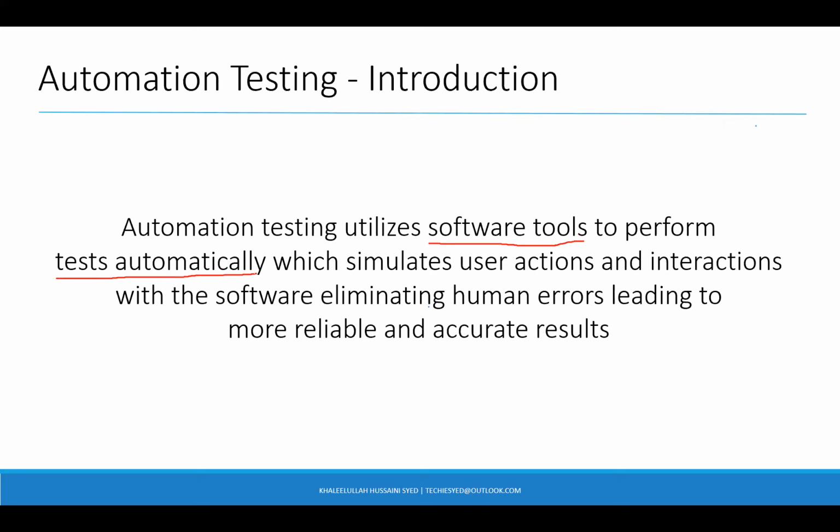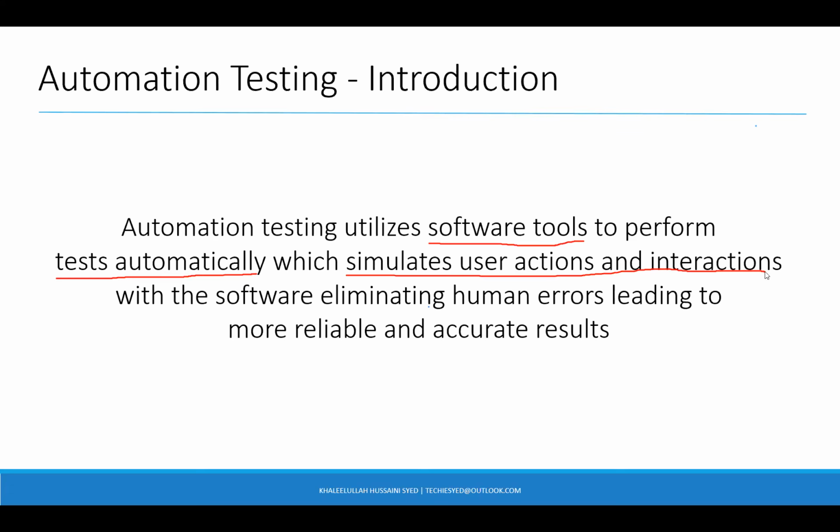I just have to click a button, say run. It's going to open up that web page, and then it is going to interact with that particular web page. Automation tests are used for simulating user actions and interactions, like a user going to the web page, clicking a certain hyperlink.